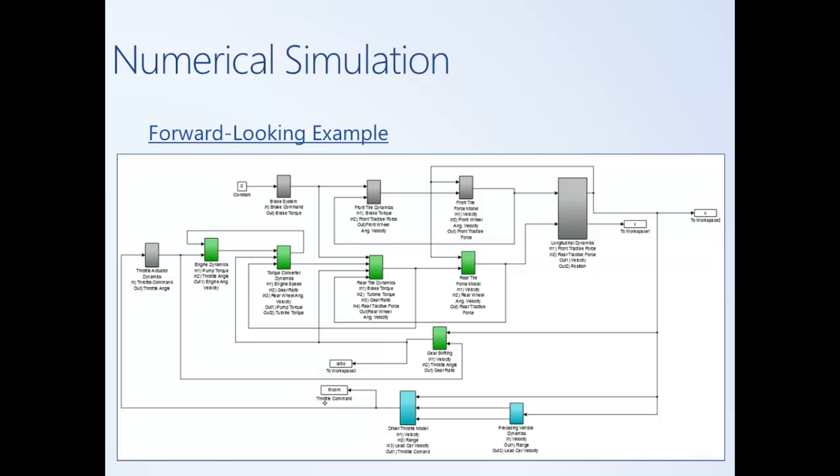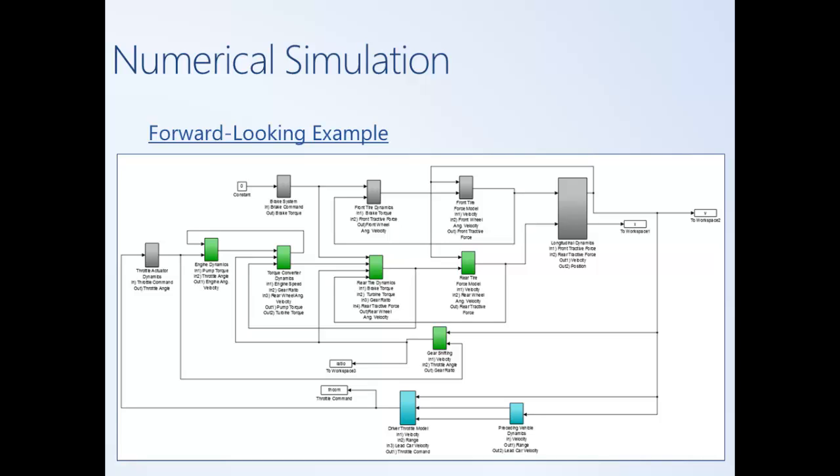So it takes this throttle command, and then it goes to a model of the throttle, which then goes to a model of the engine. So the throttle generates a throttle angle, which is an input to the engine. The engine generates a torque, and that goes to a model of the torque converter, which then generates a torque, which goes to a model of the wheels, and so on.